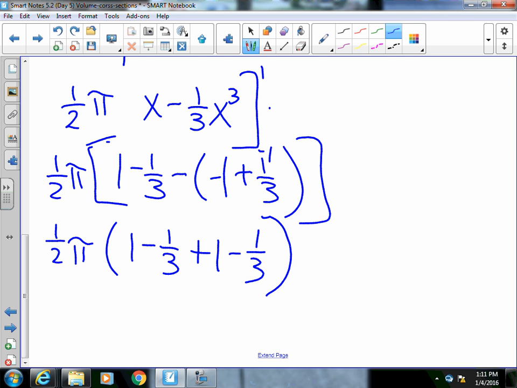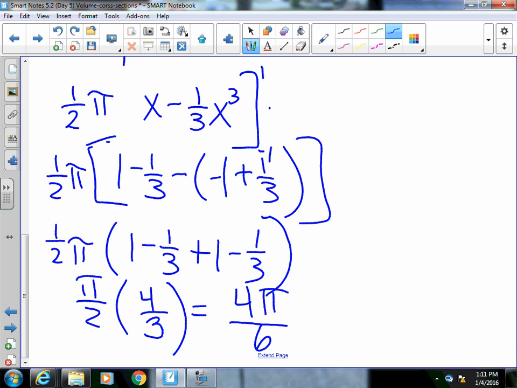So we end up with 2 minus 2/3, which means we've got 4/3 times 1/2 pi, or pi over 2. We end up with 4 pi over 6, which equals 2 pi over 3. And this is also going to be units cubed because it's volume.